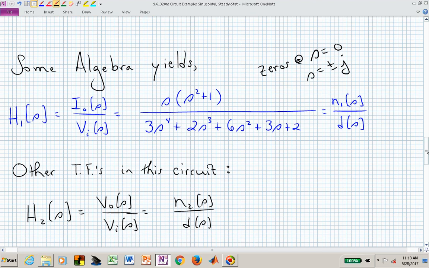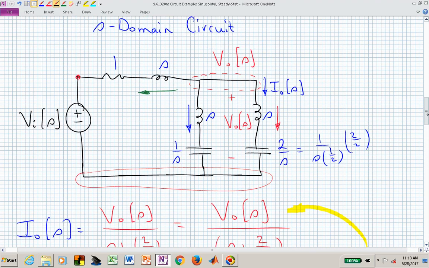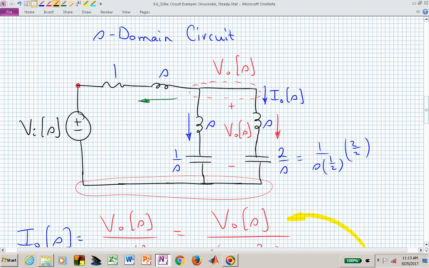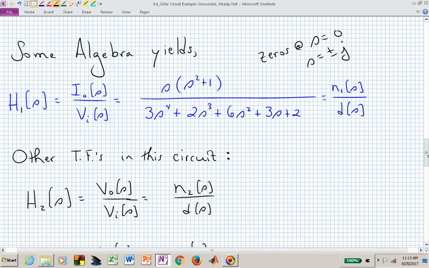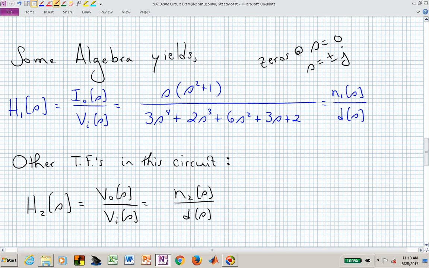You could look at another transfer function. So for a given circuit, you can have multiple transfer functions. We could have defined a transfer function between V sub I and V sub 0, and that we might have called H sub 2. That will have exactly the same denominator as we had in H sub 1. So the poles, the natural behavior of our system, is going to be the same.